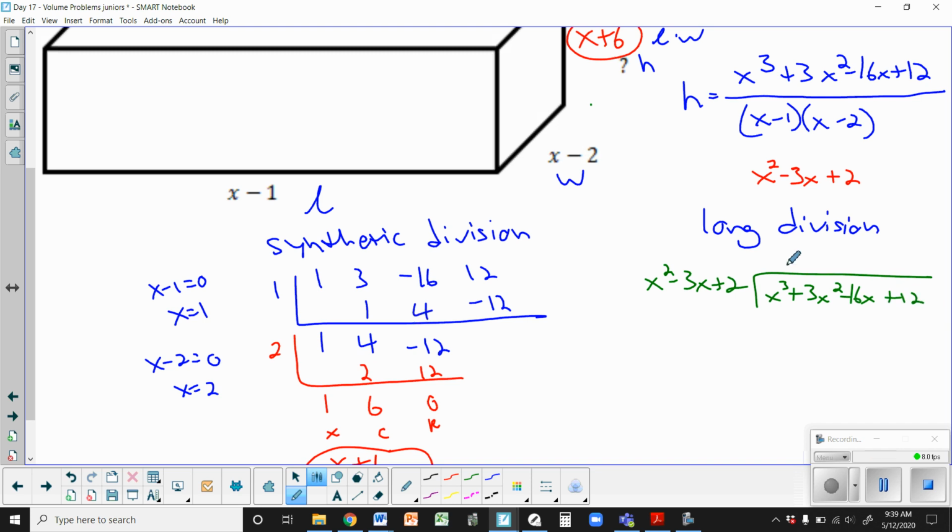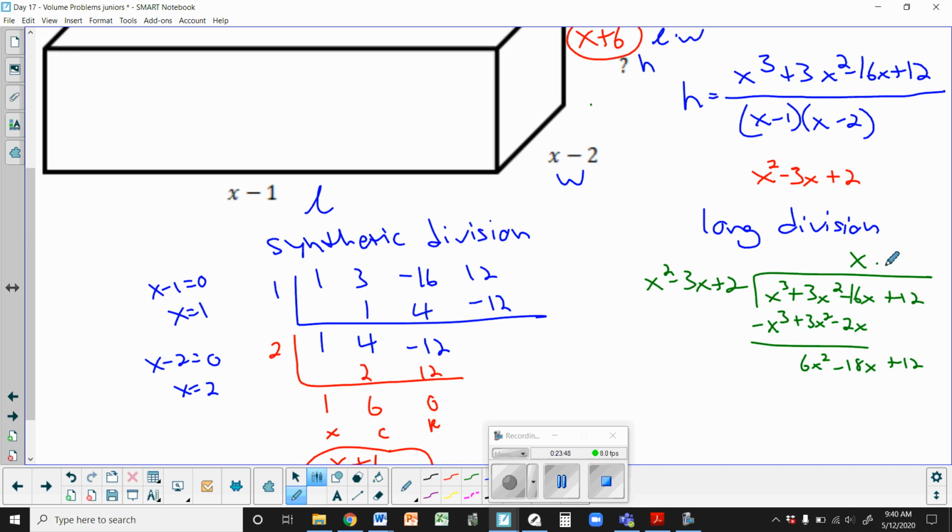And then plus 12. Remember, this one goes pretty quick too because we end up with just two terms, x plus 6. So x cubed divided by x. We know it's going to be 6, but let's just do this through. x cubed, x times negative 3x is negative 3x squared, x times 2 is 2x, and then subtract. 6x squared, negative 18x, bring down the 12, divide 6x squared by x.